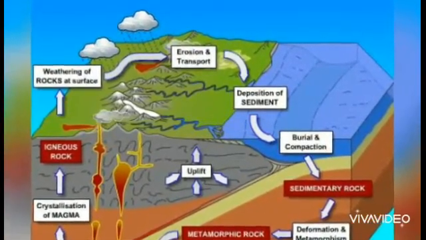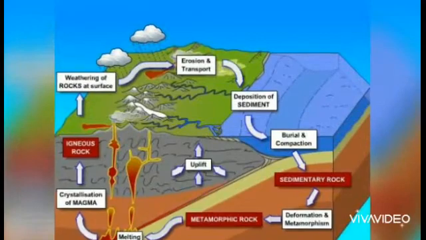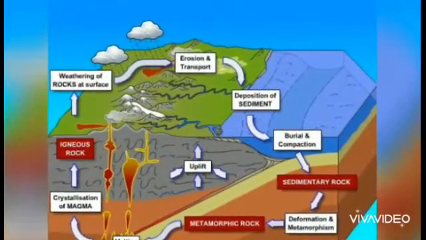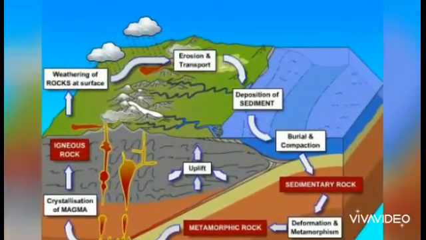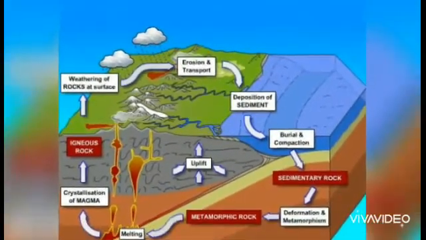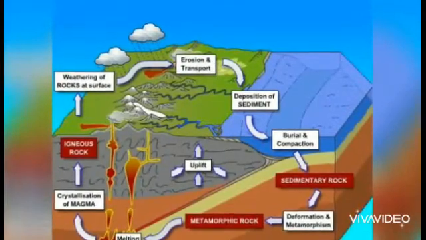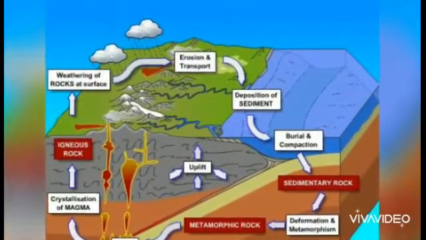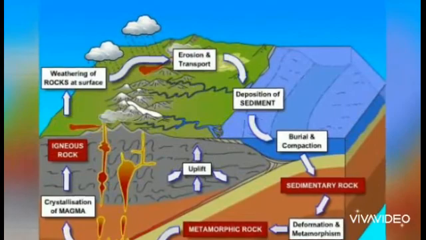Metamorphic rock is igneous or sedimentary rock that has been heated and squeezed. It can erode into sediments or melt into magma. It is formed under extreme pressure and temperature deep inside mountain chains.